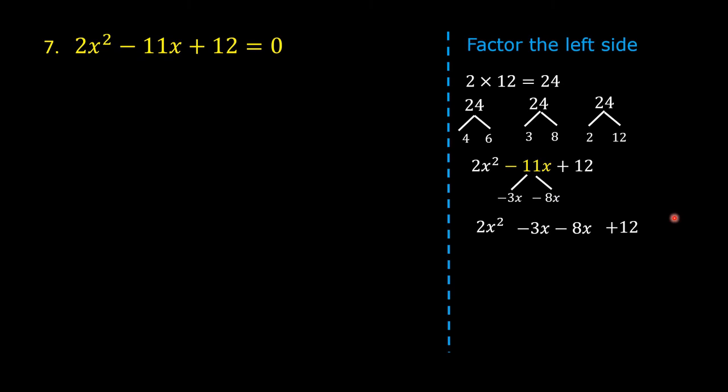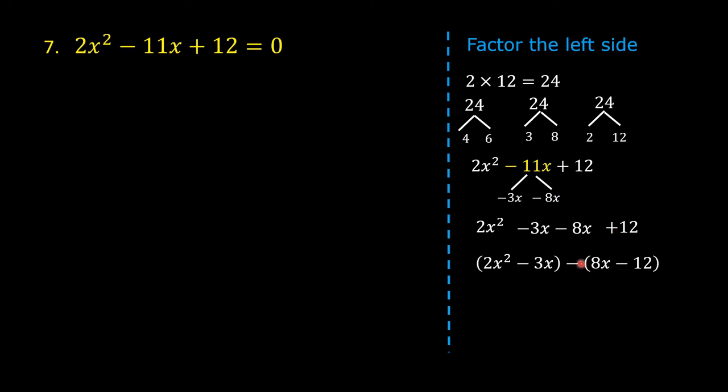And enclose in parentheses the first two terms and the last two terms. So we have 2x squared minus 3x, and then minus 8x, negative 12. Positive 12 here became negative because the parenthesis is preceded by a minus sign. So change the positive sign to negative.